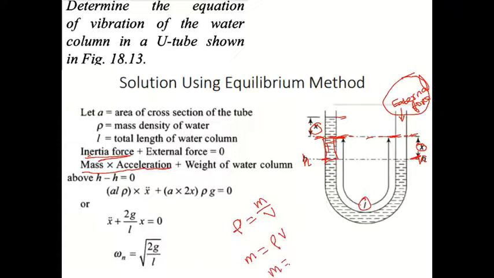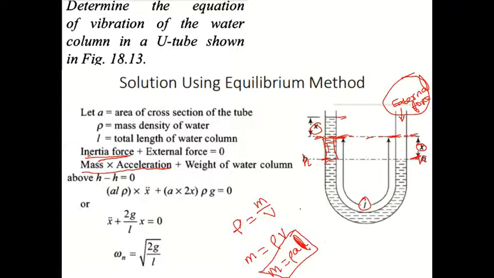Volume equals area into length, where A is the area and L is the length of the column. So instead of mass, I can write rho A L.